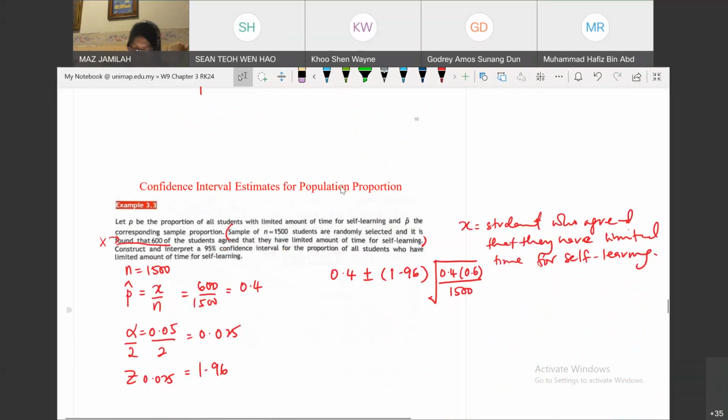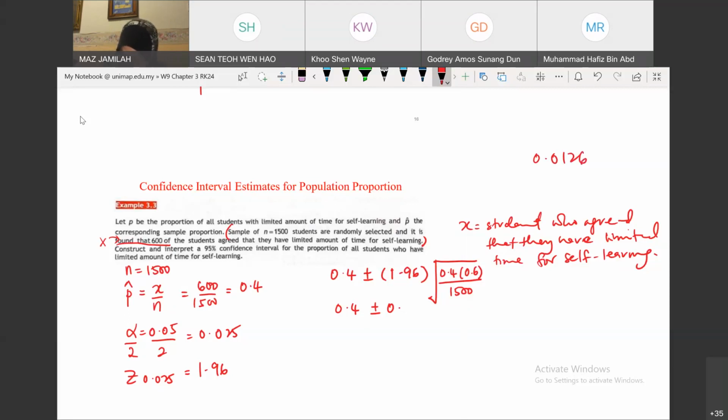So you will get 0.4 plus minus the square root of 0.4 multiplied by 0.6 divided by 1,500, and you get about 0.01.